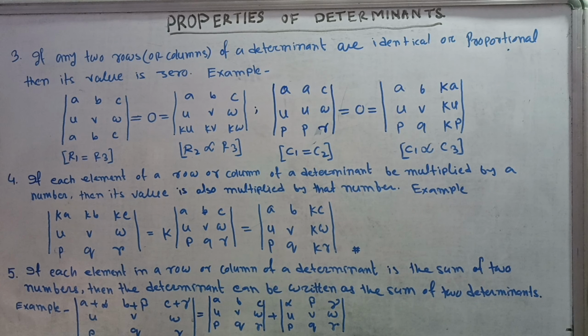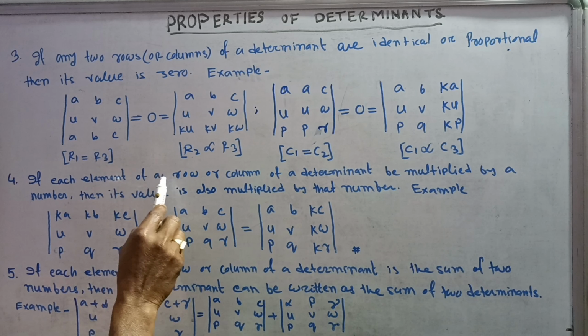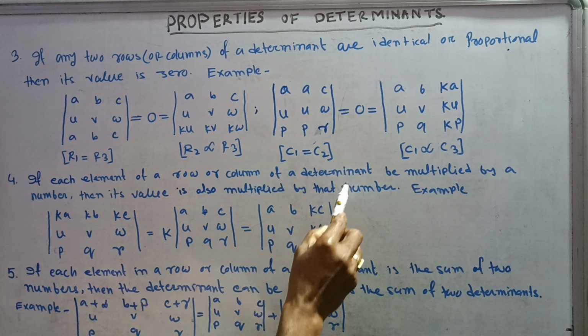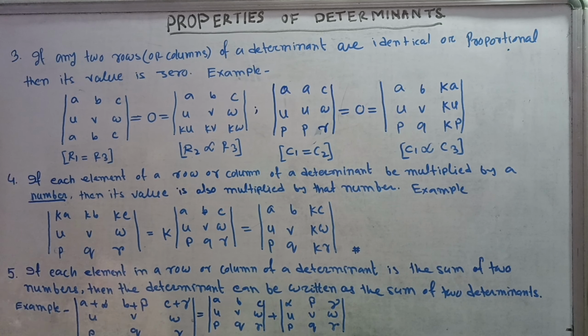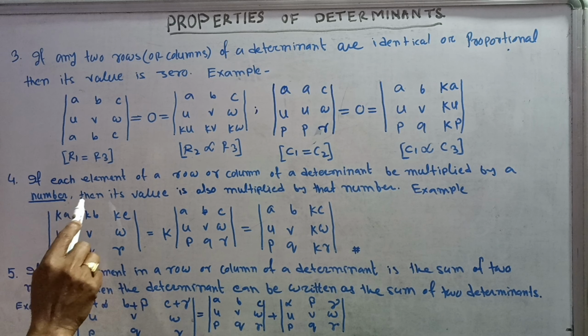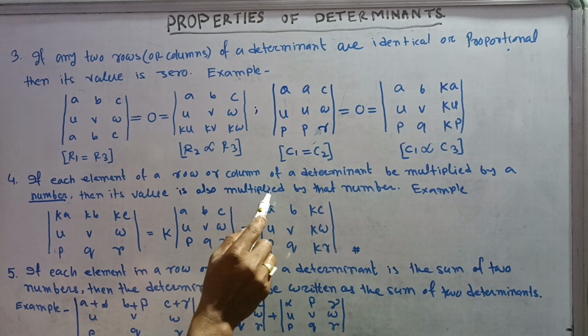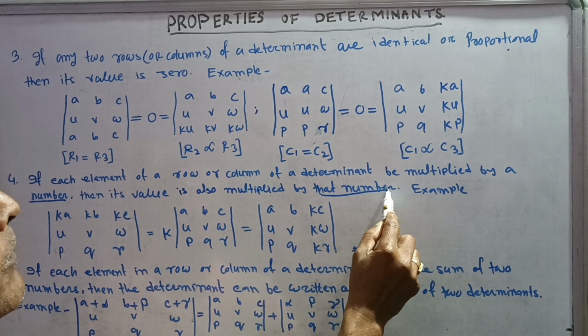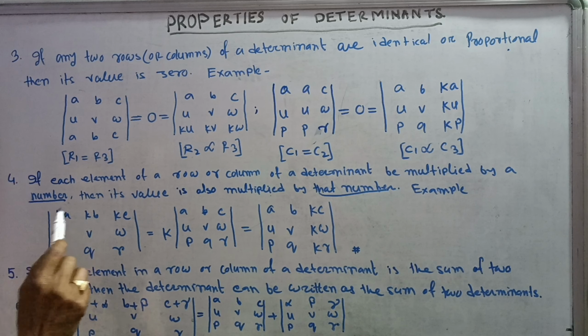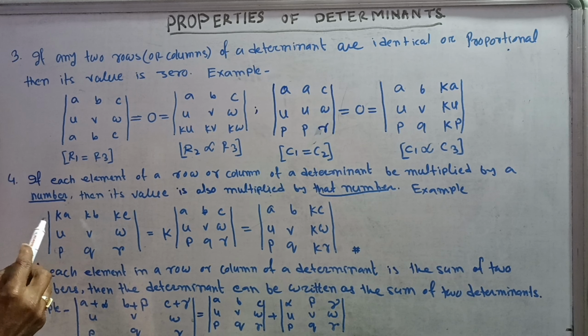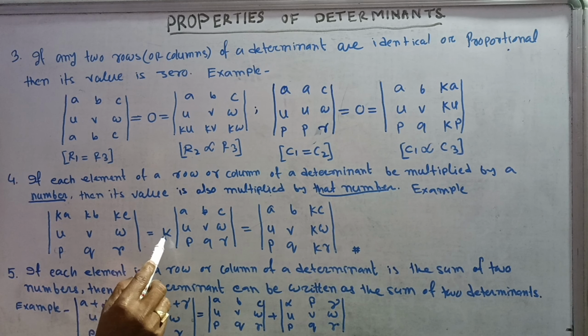Number 4: if each element of a row or column of a determinant is multiplied by a number, it may be positive or negative, then its value is also multiplied by that number. For example, we take a number k. The k is multiplied in the first row, then we can take k common from each element of the first row.